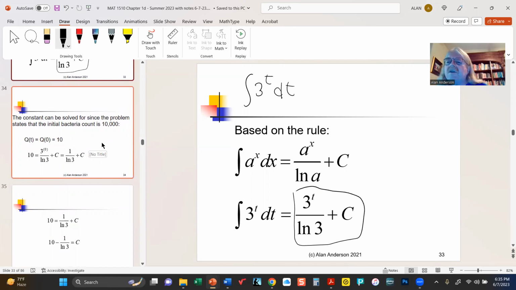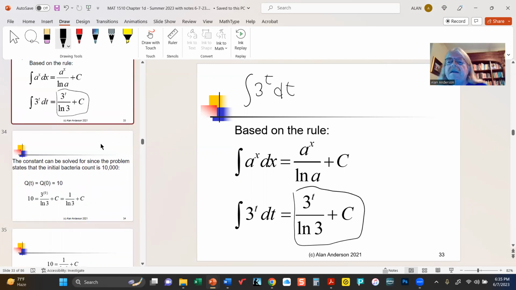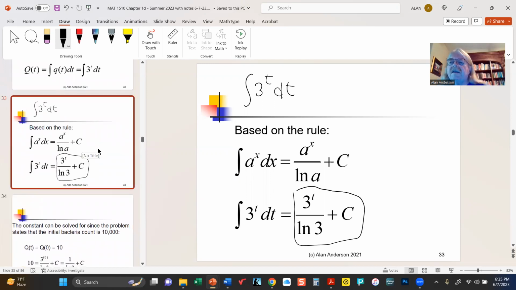So we're being told also that we start with 10,000 bacteria. Okay, we're not starting with 0. We're assuming that there's already a bacteria colony that starts with 10,000 bacteria, and we'd like to know how many there are, let's say 5 minutes later, or whatever, 5 hours. So 5 would therefore be substituted in here as time.